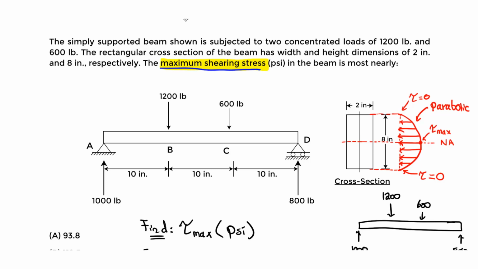Think of it as taking the whole area: you start from 0 and take the whole area until you get to the maximum. Above or below where the shear stress is to be determined, which is at the neutral axis, because we want to find that maximum shear stress.